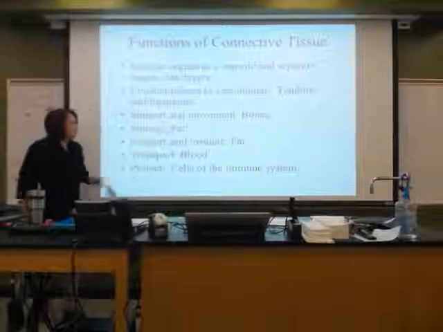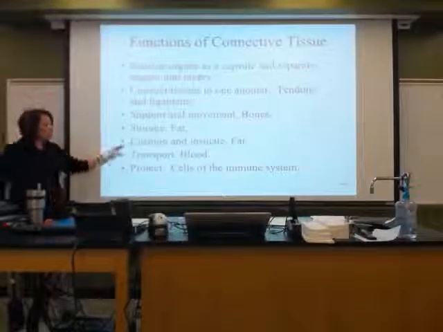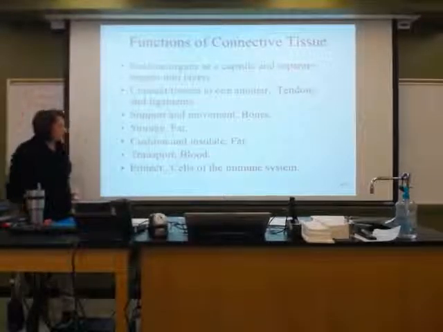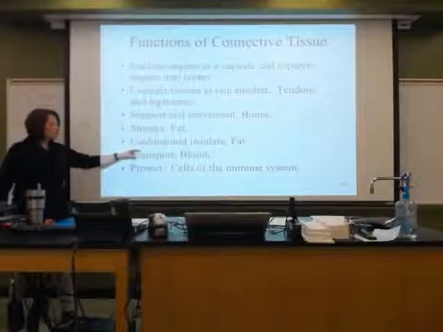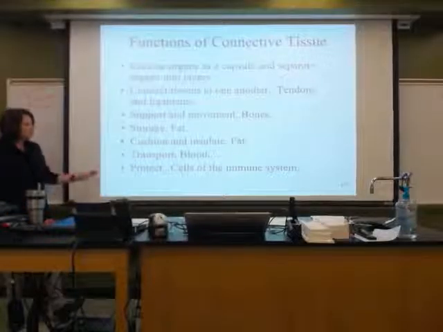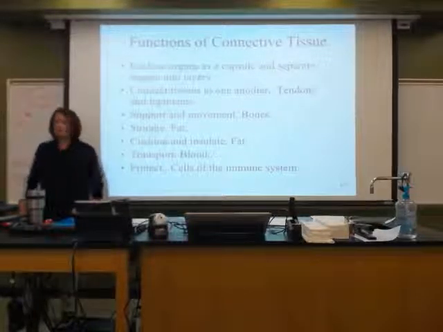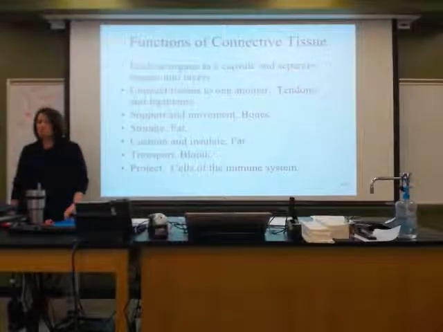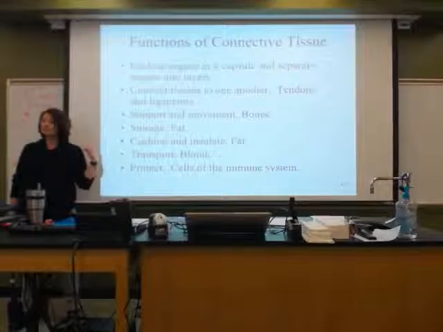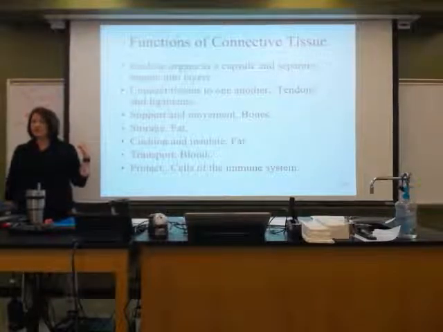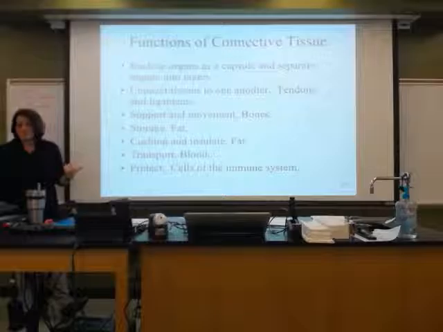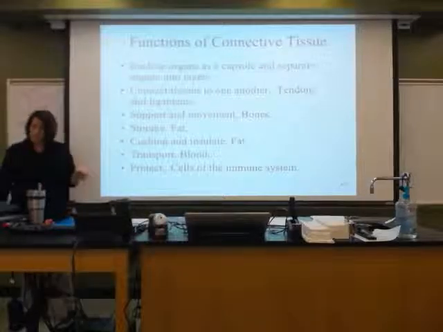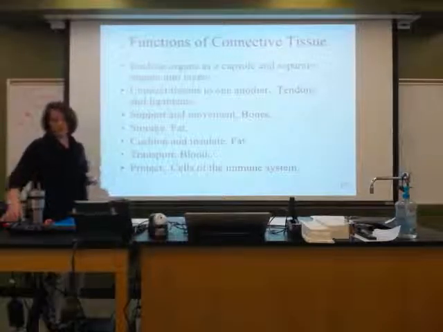Storage in the form of fat, cushions and insulates in the form of fat, transport because of blood, protection because of cells of the immune system. So connective tissue, even though it seems like there was a lot back there on that other slide, you'll really begin to understand it more as we discuss each one of the systems.